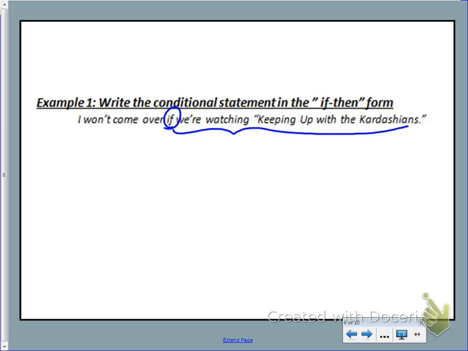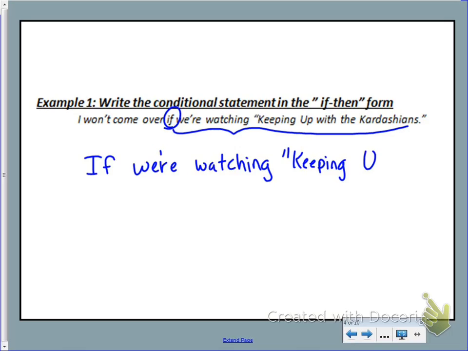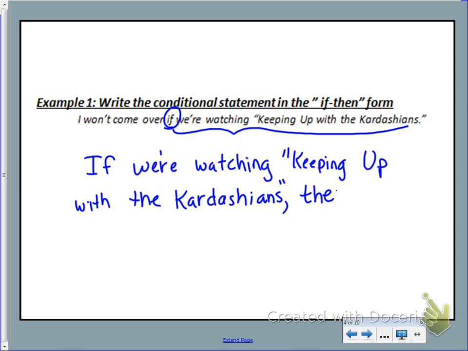In this case, basically what we're saying is if we're watching Keeping Up with the Kardashians, then what outcome is going to happen? Well, in this case, we're claiming if that occurs, then I won't come over. So then, I won't come over.